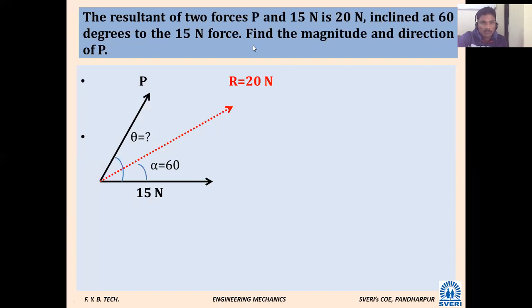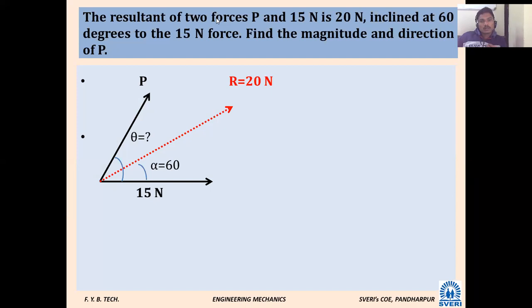I will give the opportunity to roll number 9, Rutuja. Will you read this problem statement loudly? The resultant of two forces P and 50 Newton is 20 Newton, inclined at 60 degrees to the 50 Newton force.